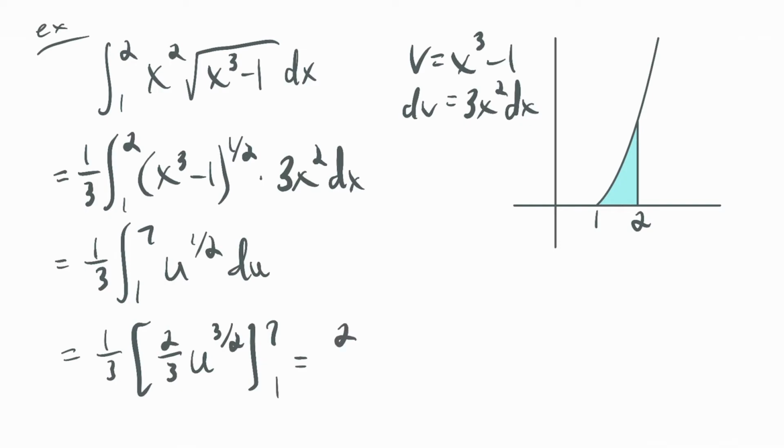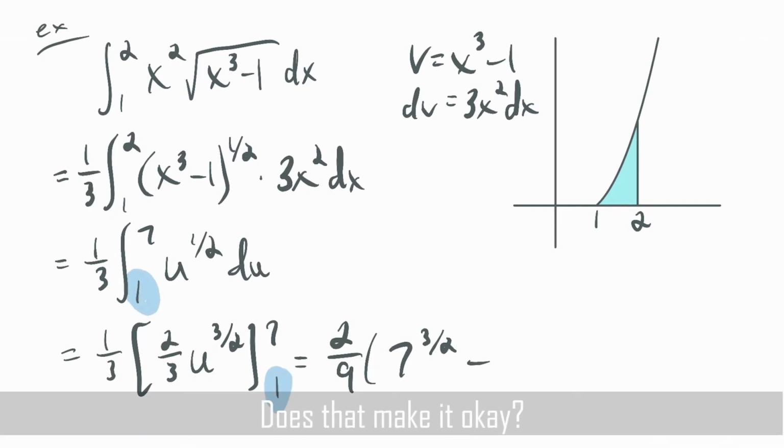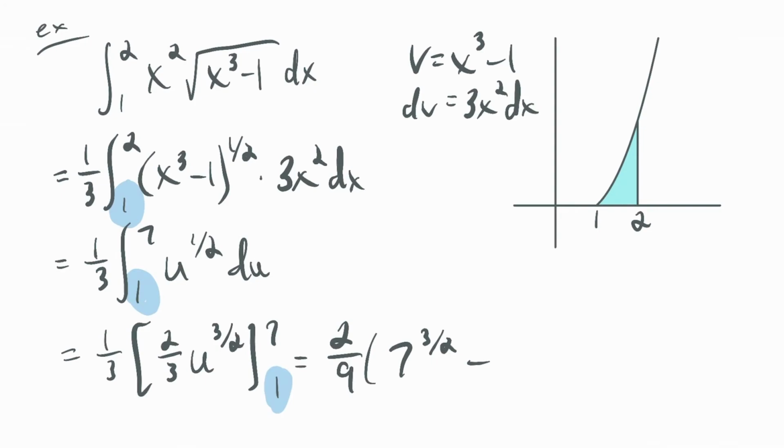So this is 2/9 times 7 to the 3/2 power minus, well, 1. I made a mistake. I probably said it correctly and then wrote it down wrong. That 1 should be a 0. If you plug 1 into the equation, I get 0.